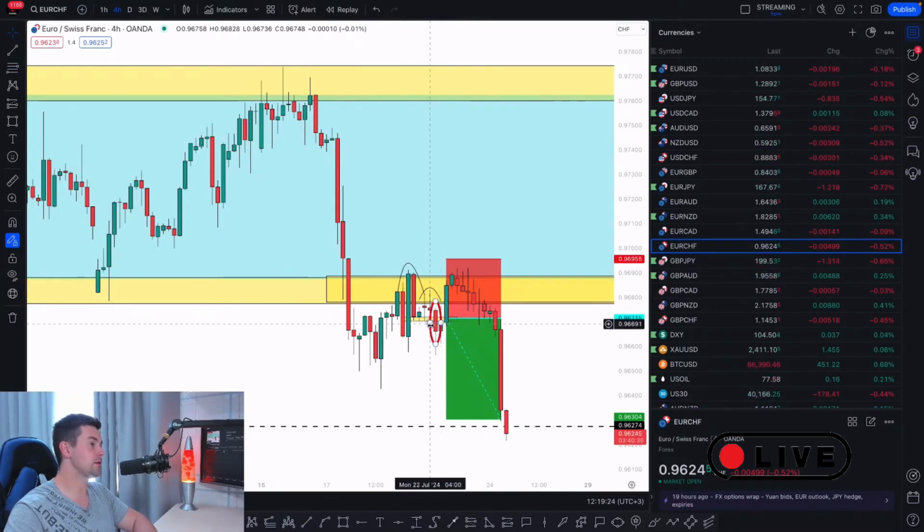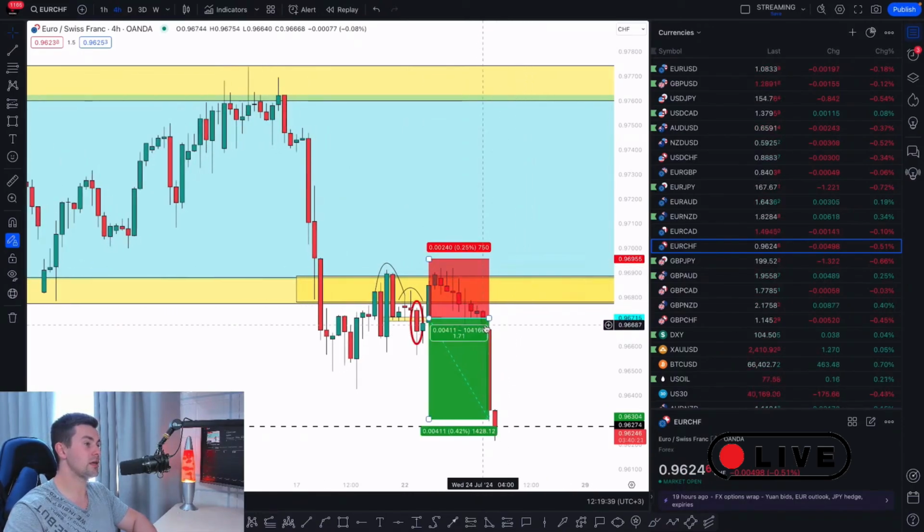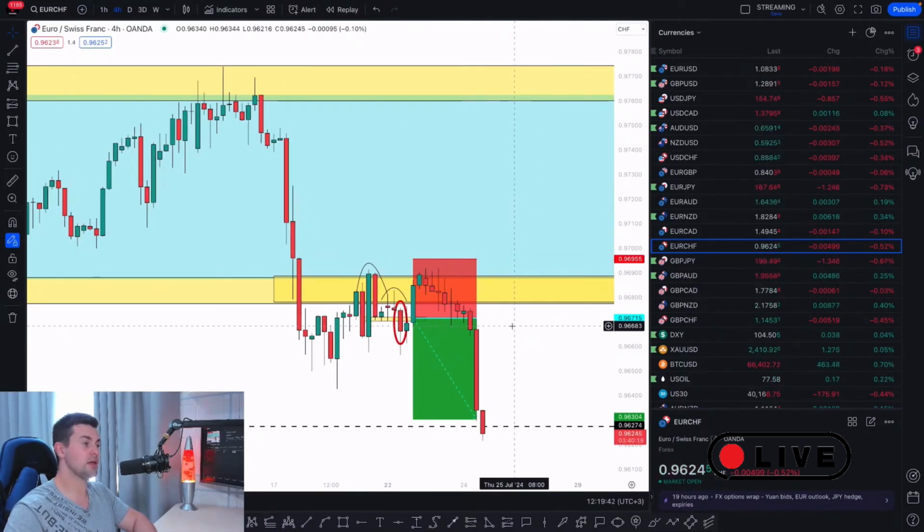Then we retested the broken neckline, we retested the broken daily structure, and you can see that here was our entry, and the market almost reached our stop loss, but the price perfectly respected that local high. We were coiling around that, and these fundamentals, the EU fundamentals that were shared this morning, pushed the prices down, and the take profit level was reached.